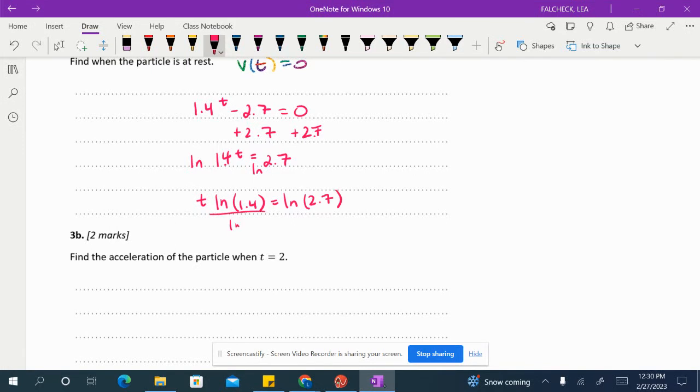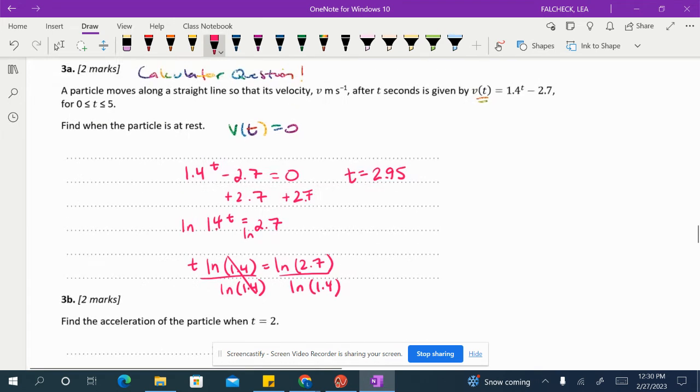So I want to get t by itself. And I would get t is equal to ln of 2.7 divided by the ln of 1.4, which I put into my calculator, and I would get 2.95 seconds, right?